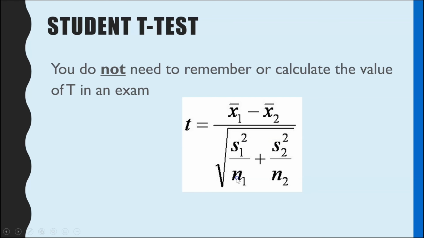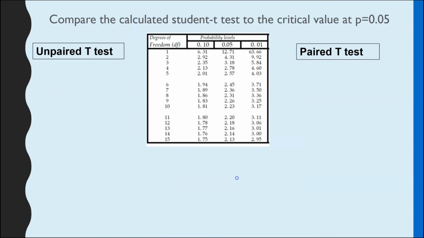I'm going to be focusing on what AQA and the other exam boards could ask you in the exam. So you would be given the t-test value that someone else had already calculated, or you could be given the p-value straight away. If you're given the t-test value, you would then need to compare it to a critical value.